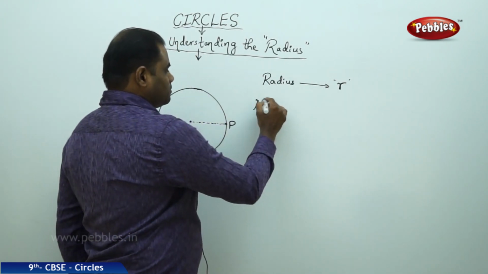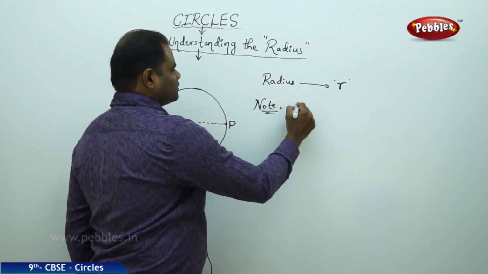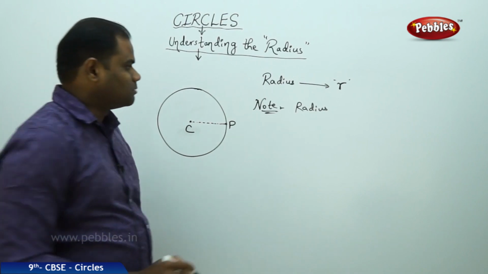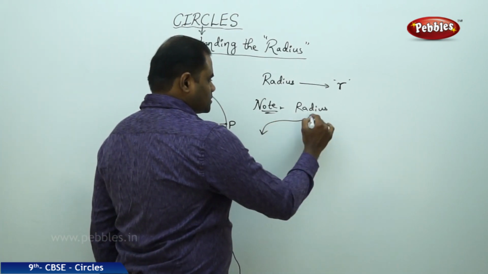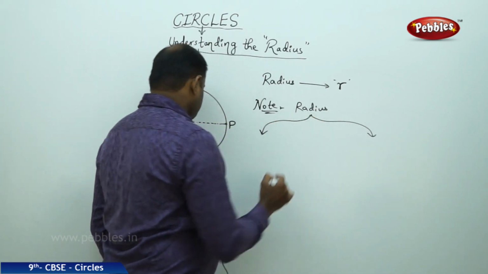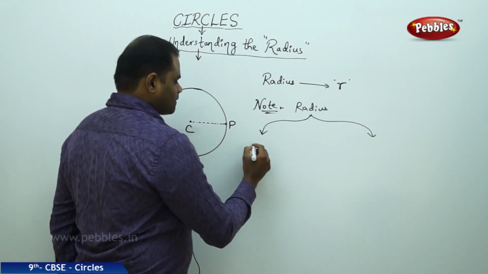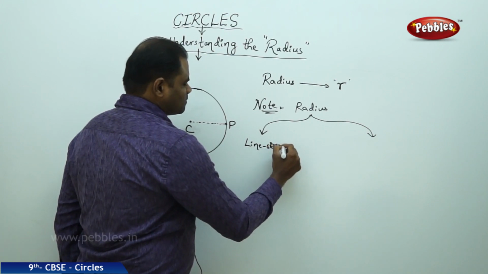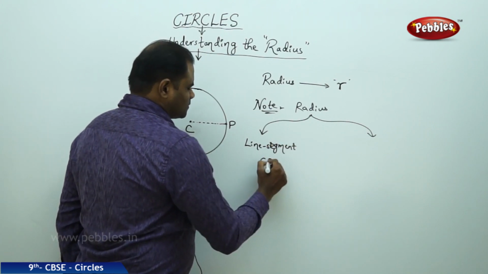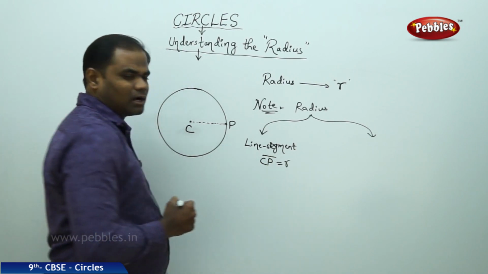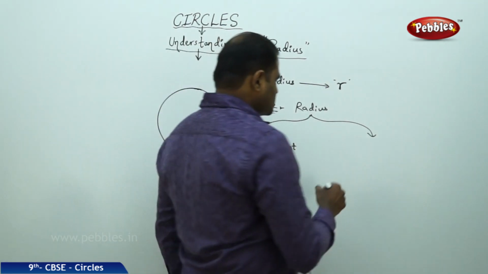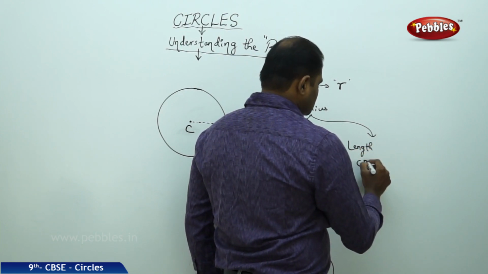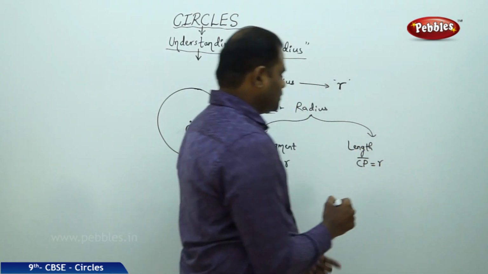It's very important to note that radius is represented in both ways. Sometimes it is represented with the line segment CP, which is r, and sometimes it is represented by the length CP, which is r.